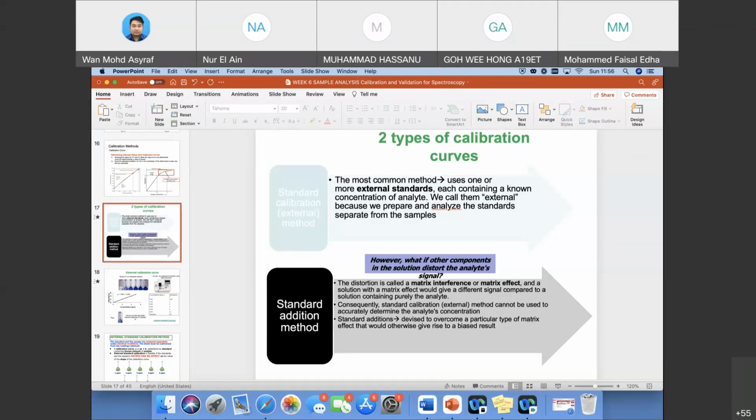But it is independent of your sample, because you prepare it from the standard stock solution that you purchase. But for the standard addition method, we create a calibration curve with your sample, because we assume the matrix would have an effect on your signal.